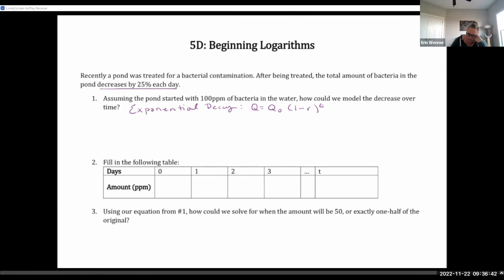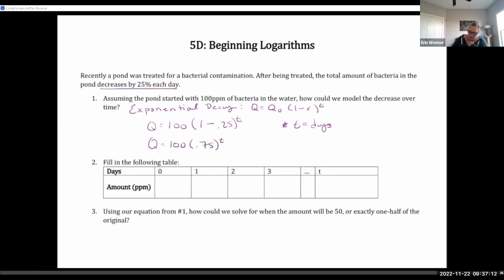So if we plug that in, we're going to have the quantity equals 100 times 1 minus, and it's going down by 25% each day. So we're going to do 0.25 to the T. And we're going to remind ourselves that T is equal to days here, not years, because we're measuring this in days. So if I simplify, I'm going to have Q equals 100 times 0.75 to the T.